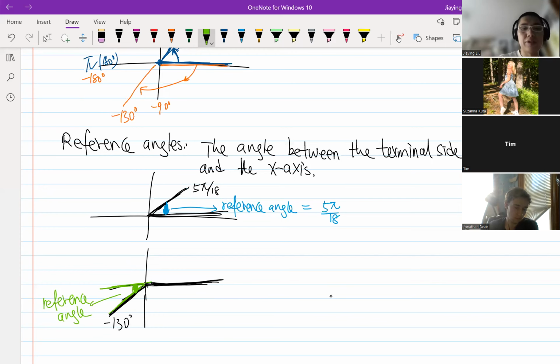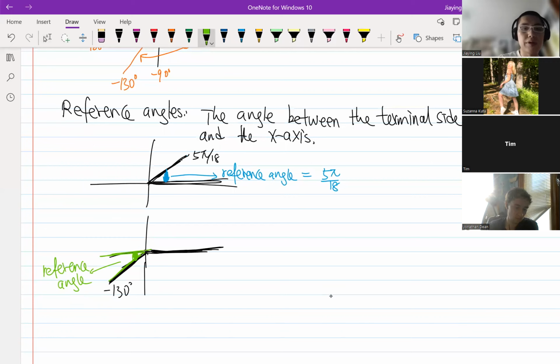And this reference angle is not going to be 130 degrees. It's going to be the difference between 180 degrees and the 130. So that's equal to 180 degrees minus 130 degrees equals 50 degrees. As a general rule, the reference angle is always going to be from 0 to 90 degrees, or 0 to pi over 2.